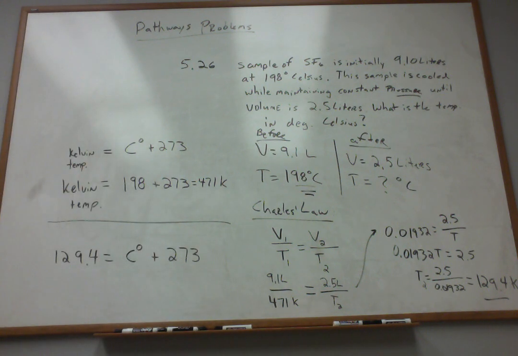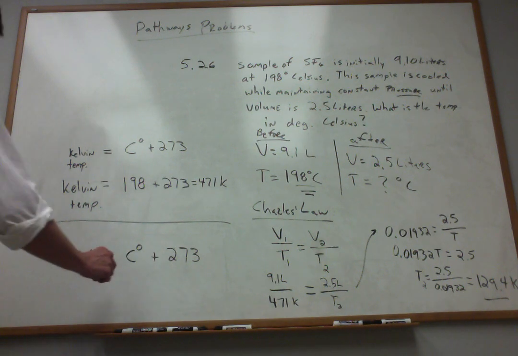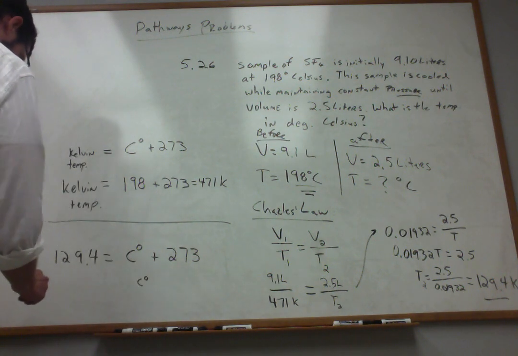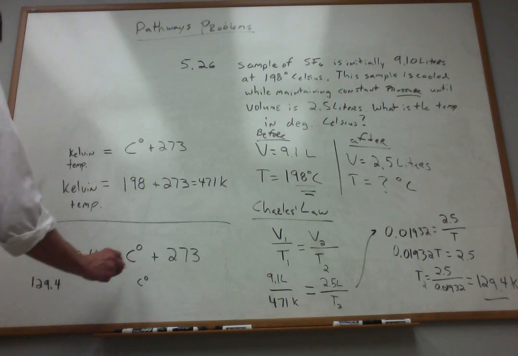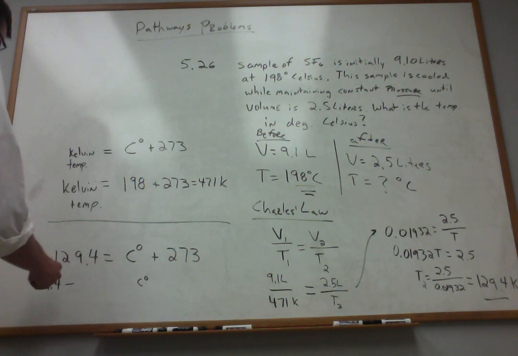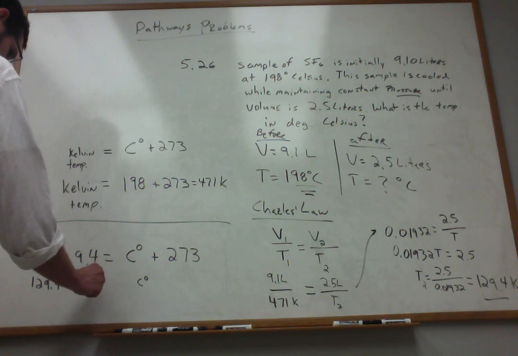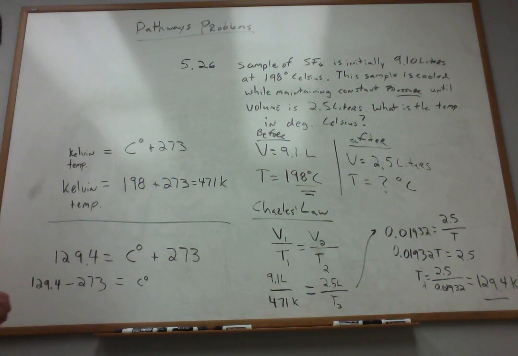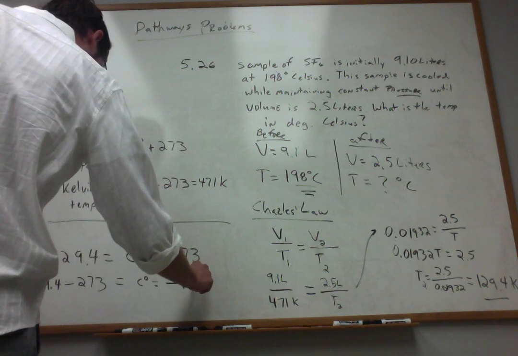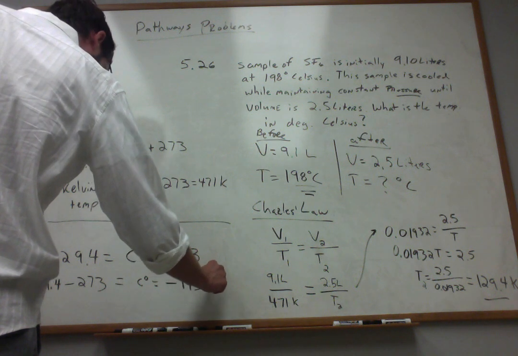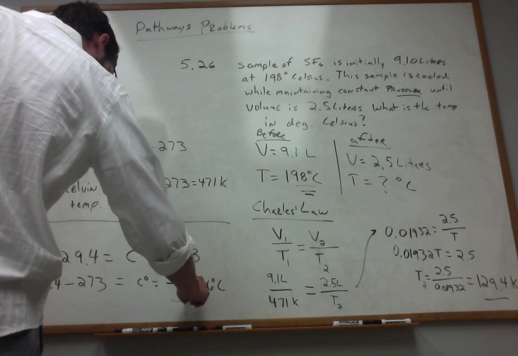273. This equation is always going to work for us. If I want to solve for my Celsius temperature, I take my Kelvin temp, 129.4, and subtract 273 from both sides. That equals my Celsius temperature, and if I do the math, I get negative 143.6 degrees Celsius.